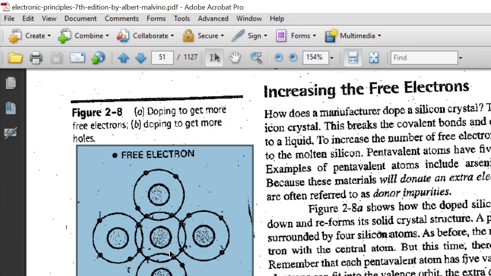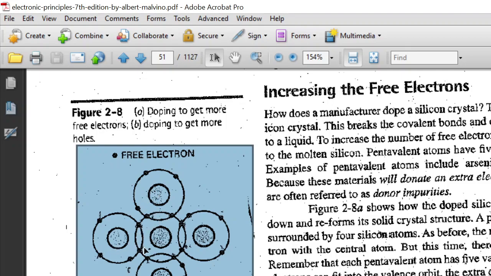The number of arsenic atoms is much less than the silicon atoms. Suppose this central atom is an arsenic atom. It has 5 electrons in its valence shell, and these are silicon atoms. So when the silicon atoms combine with the arsenic atom, each silicon atom will donate 1 electron.